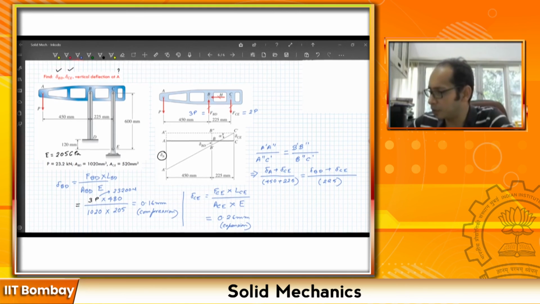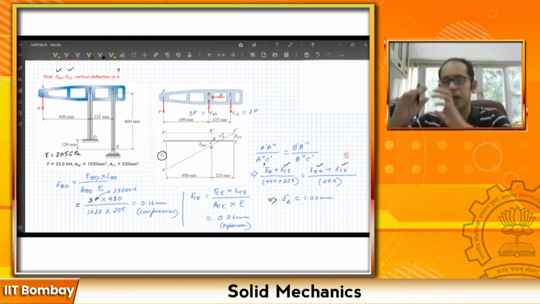So in this equation that I just wrote, all of the quantities are known: delta CE, delta BD, delta CE again. The only quantity remaining is delta A, and if you solve it, your delta A will come out as 1 mm.